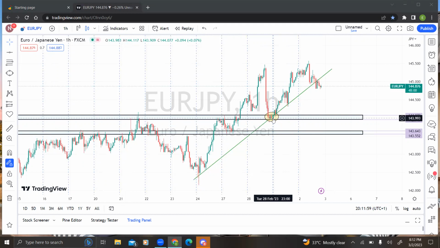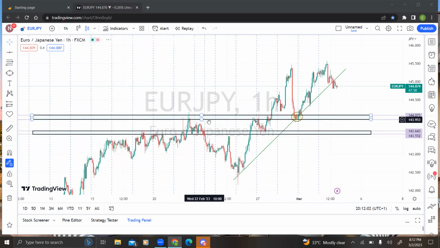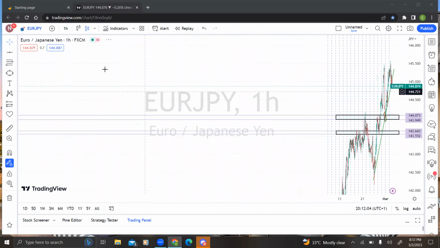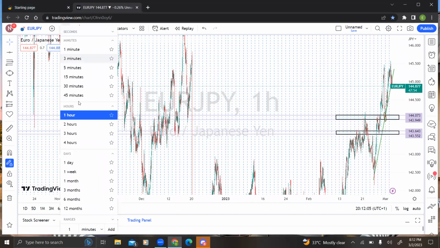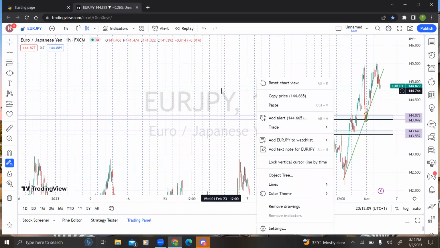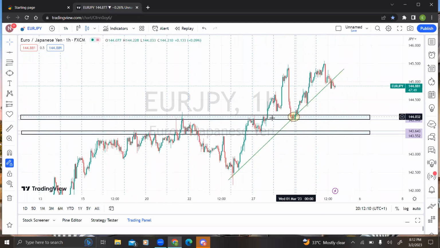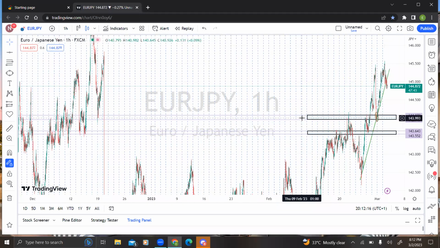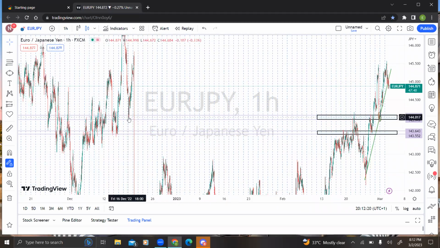You have a resistance area. If we go back to the past, this would have probably been a support. So you can see this was a resistance here that finally became a support here. If we go to the past, you would identify that this would have also been a support in the past, as shown here.